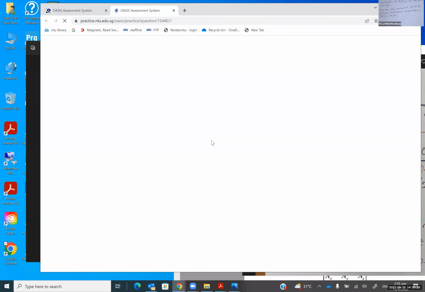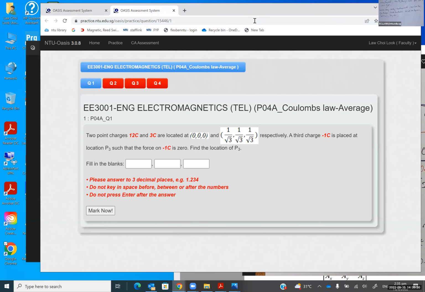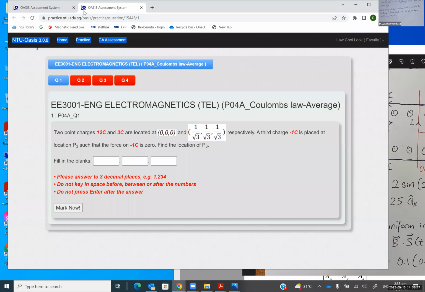Okay, view question. Do you know how to solve this question? Two point charges, 12 coulomb and 3 coulomb.